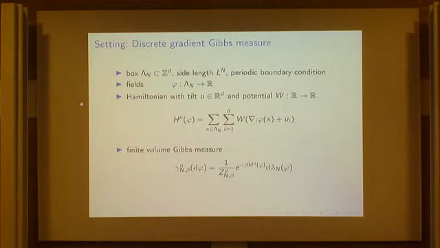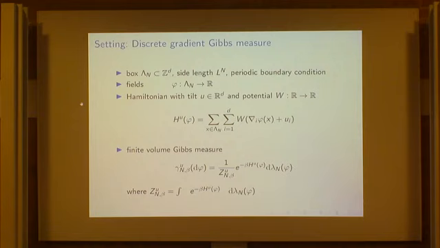And then, as usual, we build up a finite volume Gibbs measure, which is called gamma_{n,beta,U}, which is of course given by this normalization constant 1 over Z, and then there's a Gibbs weight e to the minus beta H_U, and some a priori measure, where this partition function is just the integration over the Gibbs weight.